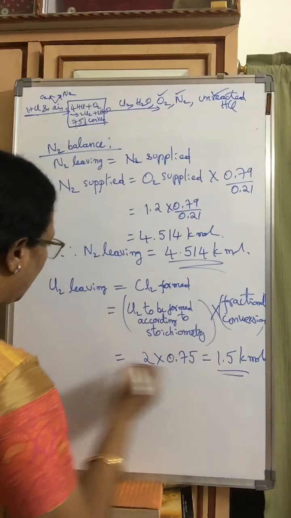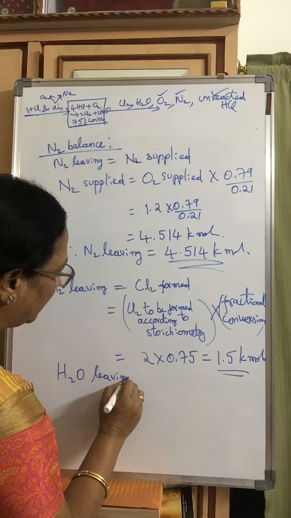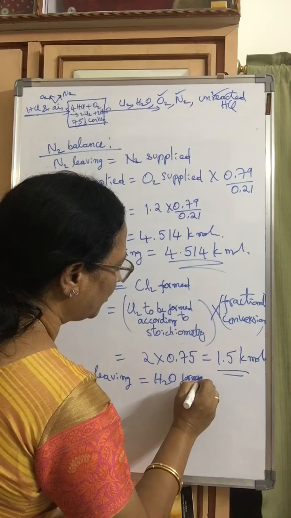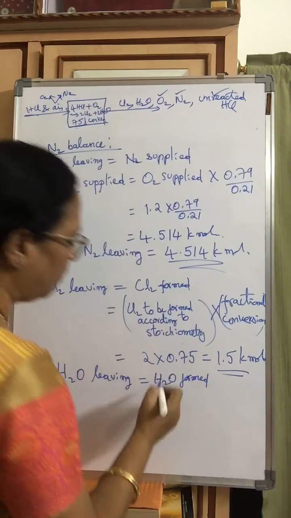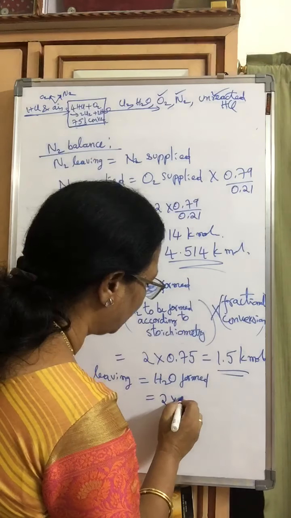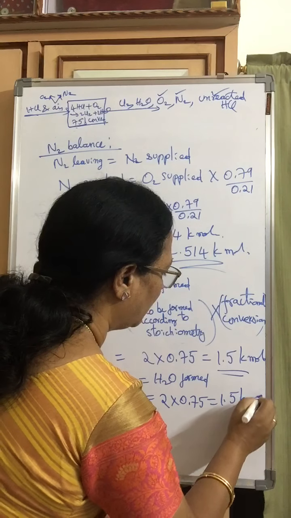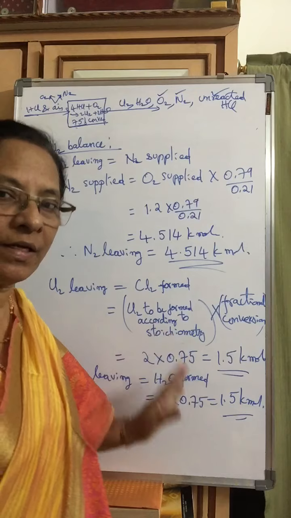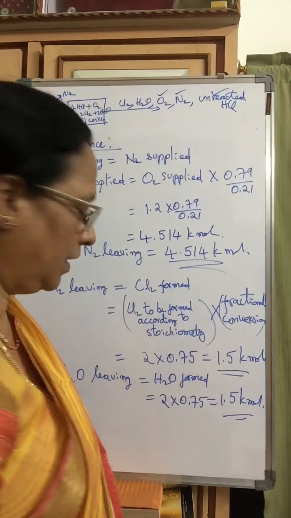Then the same thing for water. Water leaving is equal to water formed. Same explanation: 2 moles of water are to be formed, but conversion is only 75%, so 0.75 into 2 is 1.5 kilomoles. This 0.75 fractional conversion applies to each and every component in the reaction.